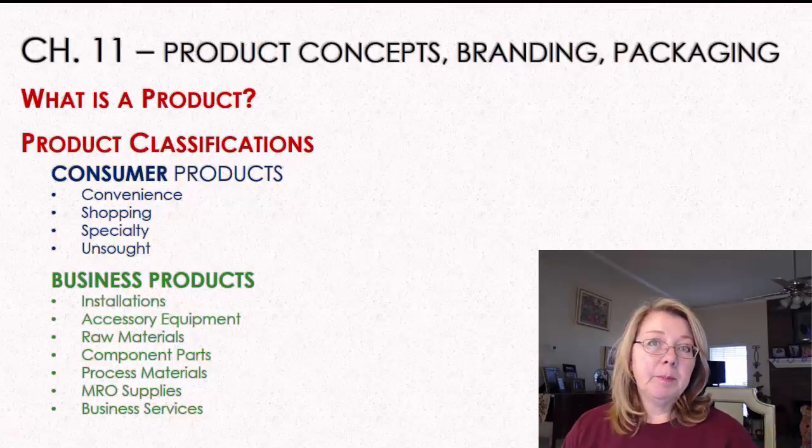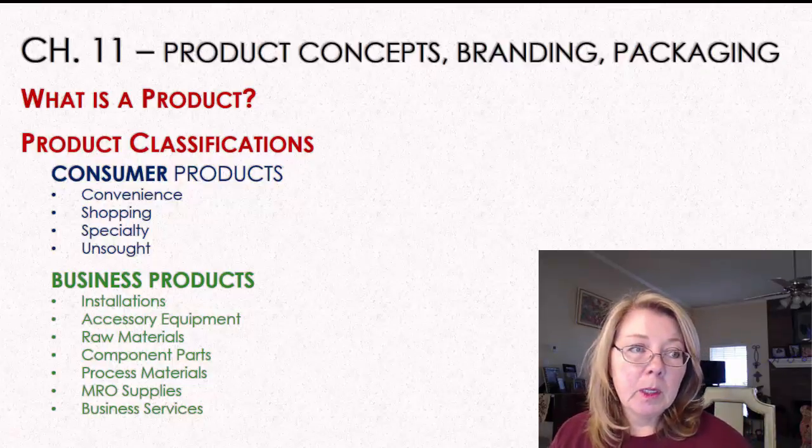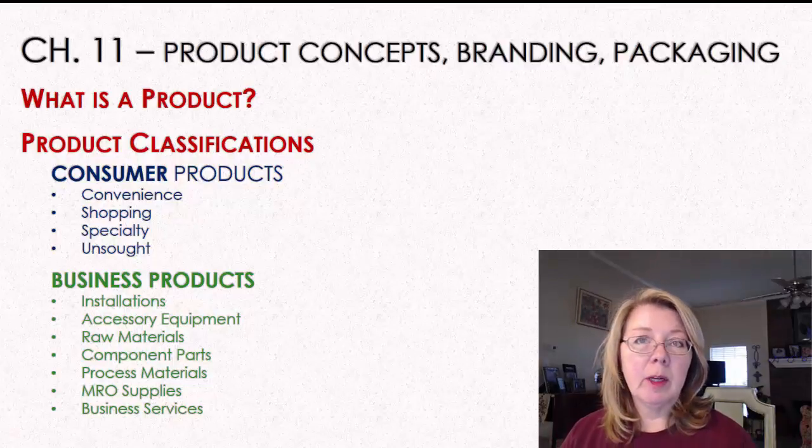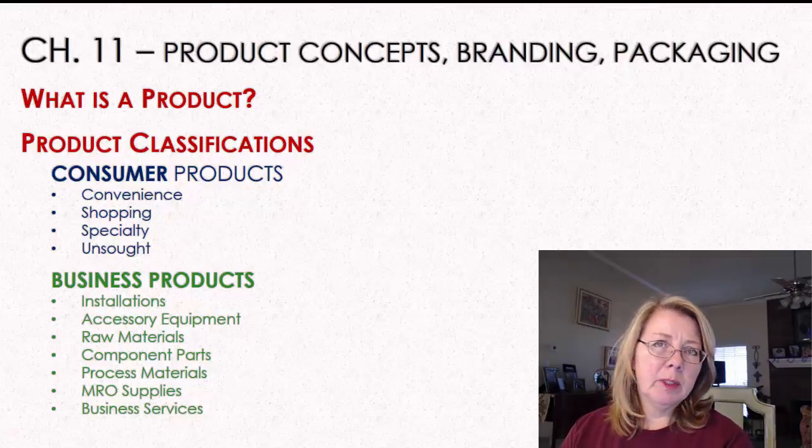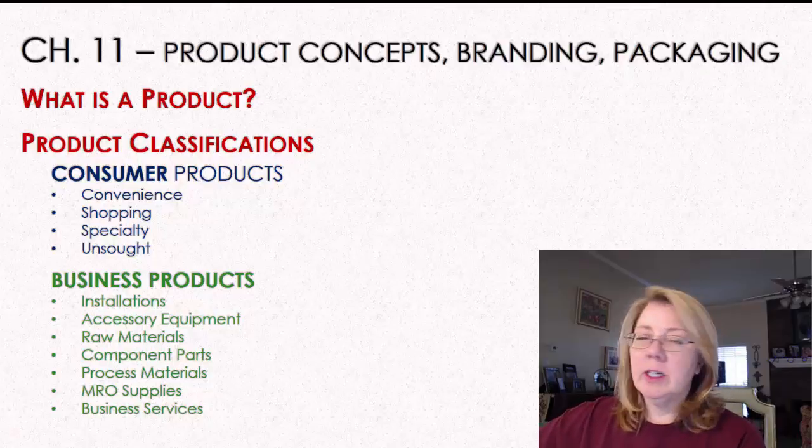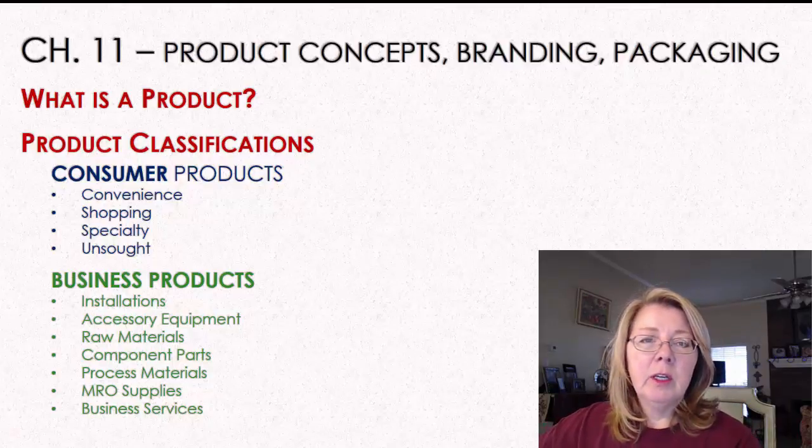It could even be an idea, intellectual property of some kind. And so basically, though, when we think about products, we're going to put them into a consumer bucket or a business product bucket. And so I've just listed out those different categories, and you should know the difference between these and be able to talk about them a little bit.